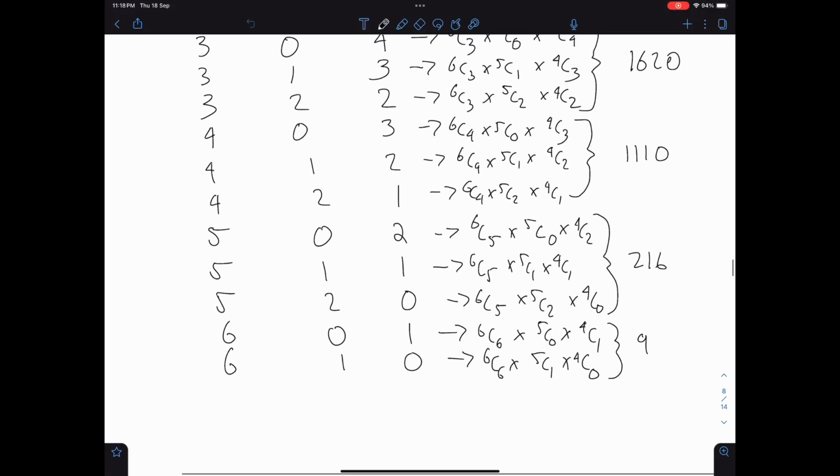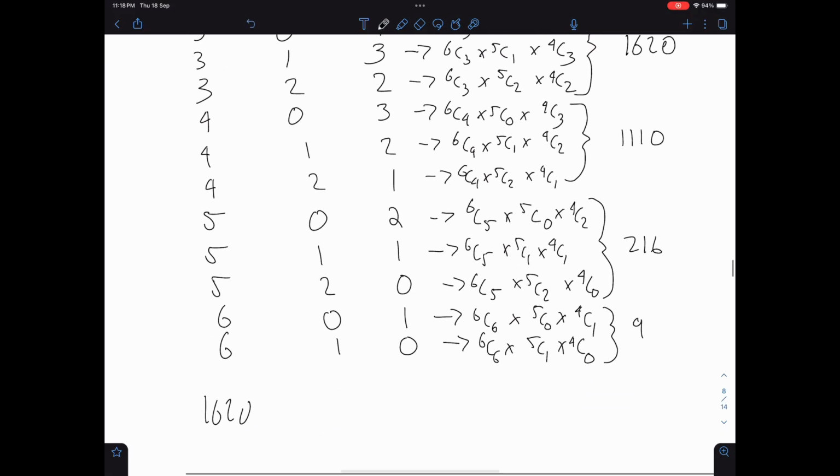And now we'll add them all up. And I believe that will equal 2955.